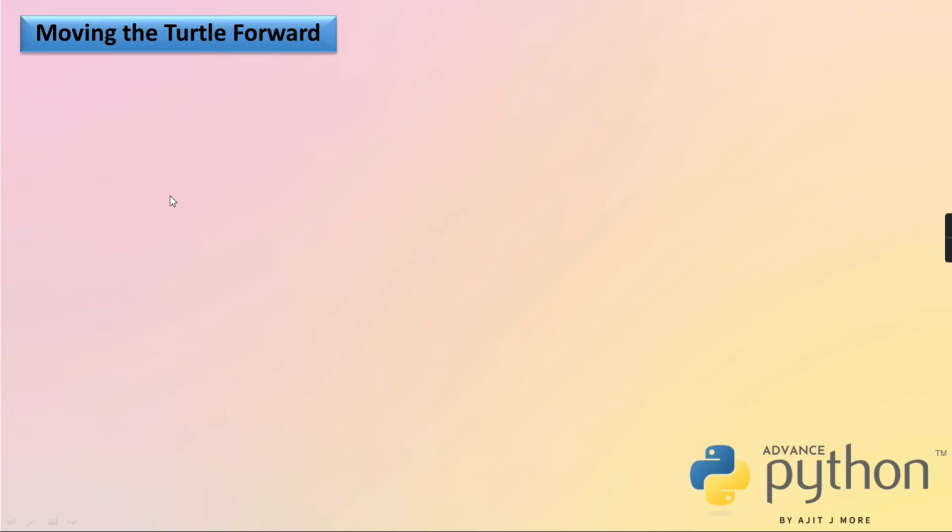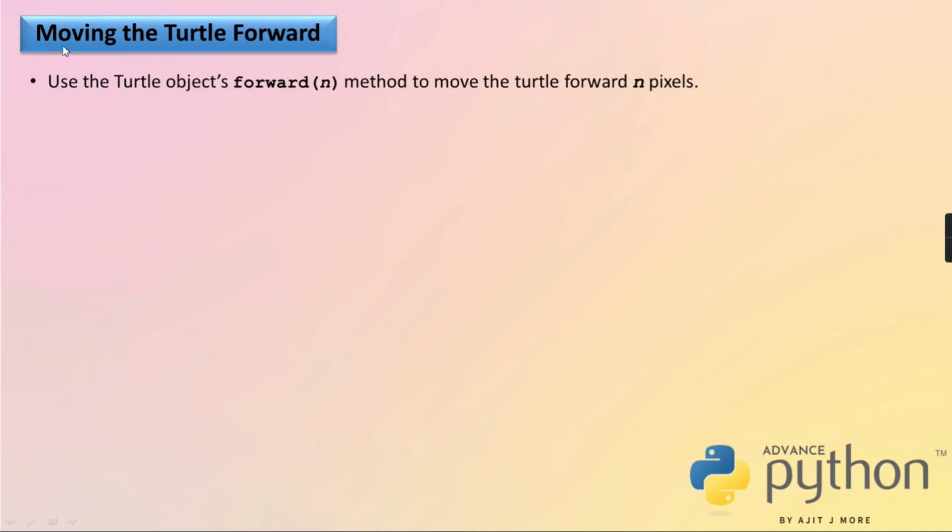Same way backward is also there. That many pixels it will move backward, but again along the direction in which it is facing. In that direction only it will move forward or backward by the given pixels. Correct? Use the turtle object's forward(n) method.